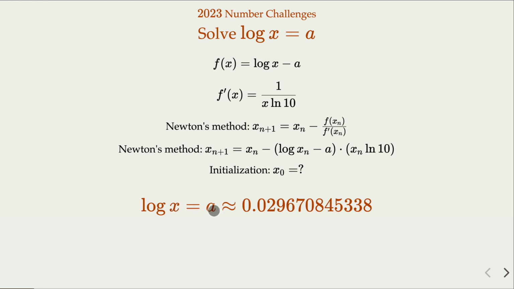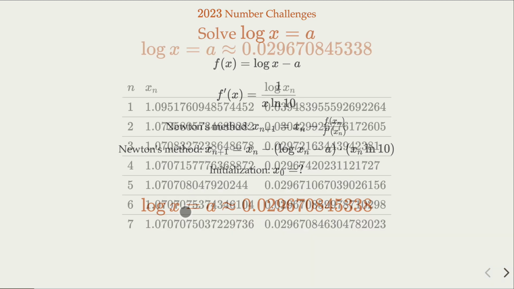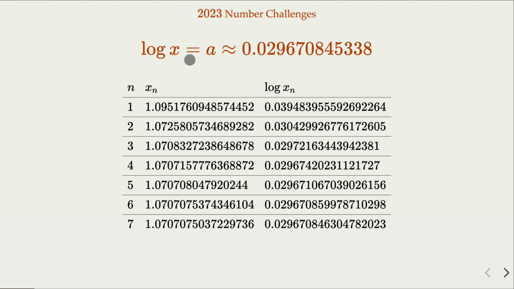Since this is 0.02-something and this is log base 10, x is probably smaller than 2. It's between 1 and 2. So let's put maybe 1.25 as the initial value. With that, I run the Newton's method iteration, and within a few iteration steps, for example n equals 7, the value is getting close enough.